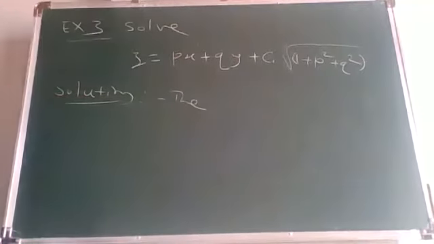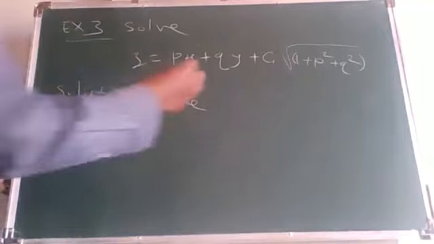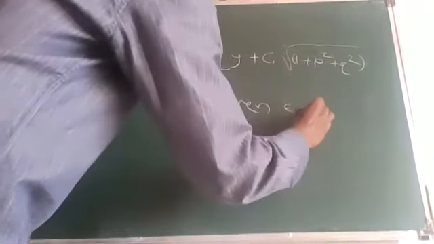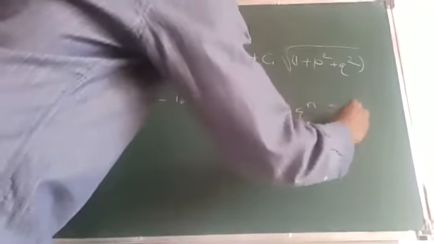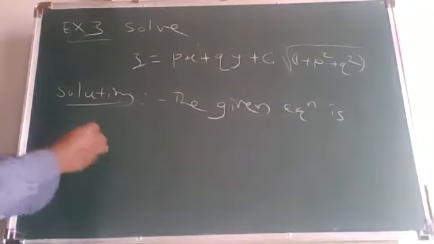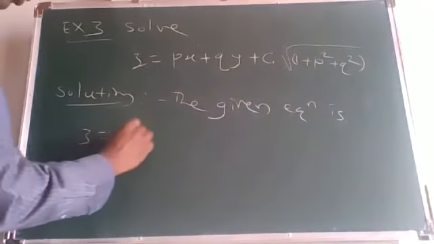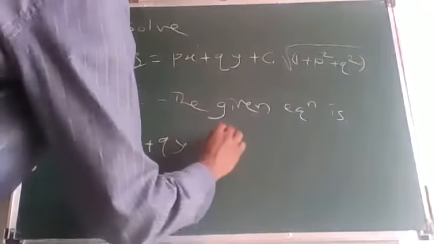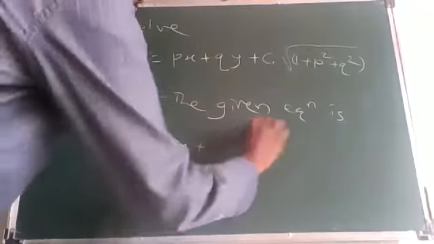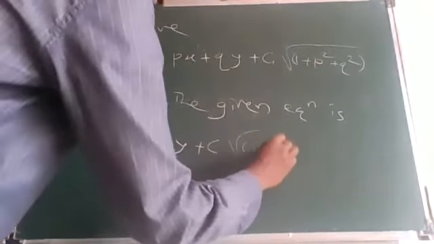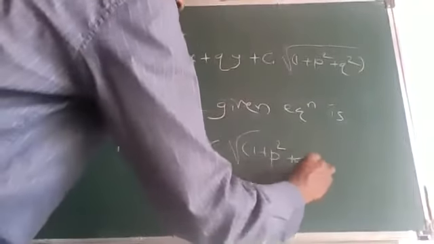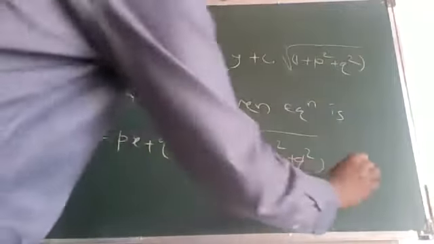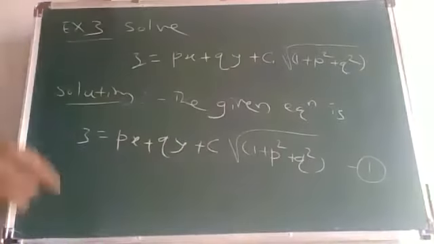The given equation is z equal to px plus qy plus capital C into square root of, in the bracket, 1 plus p square plus q square. Let us denote it equation number 1.